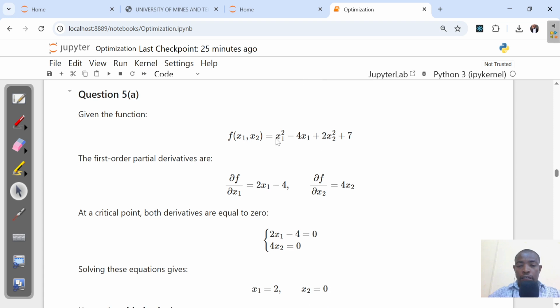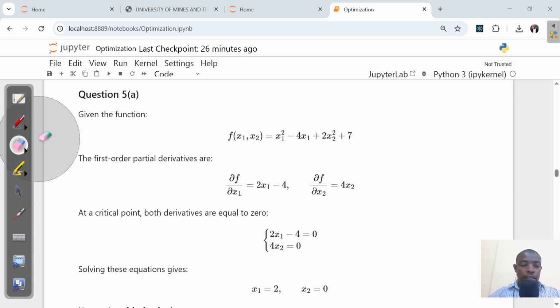With respect to x1, if we concentrate on the terms that have the x1 component, this is what we are left with, and when we partially differentiate, that's what we get. In the case of x2, this is the only term, and that's what we have after the differentiation.